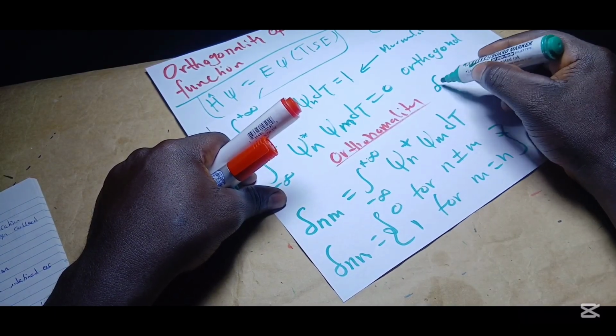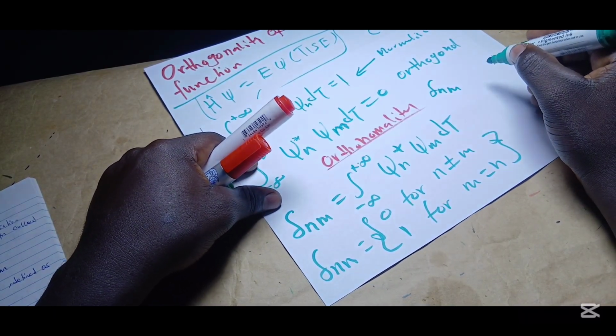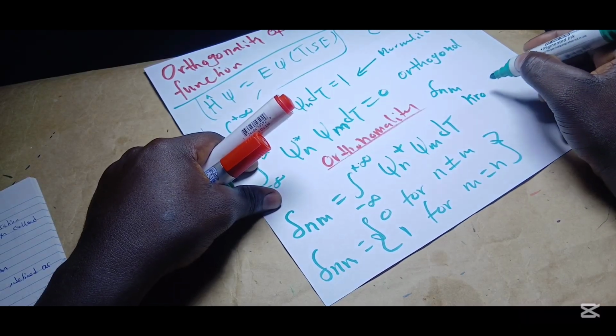This delta nm is called the Kronecker delta.